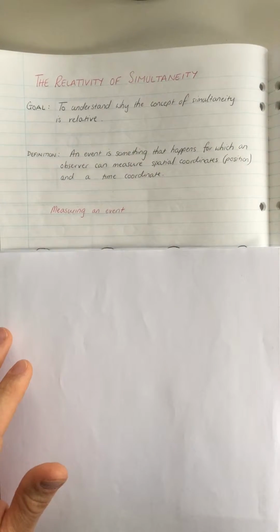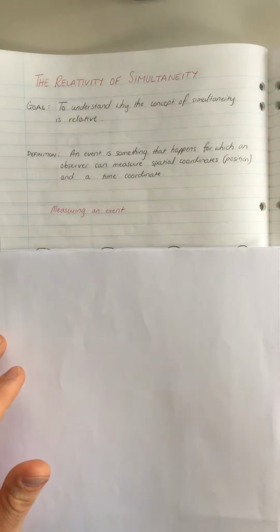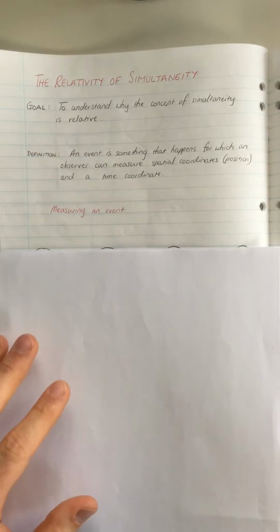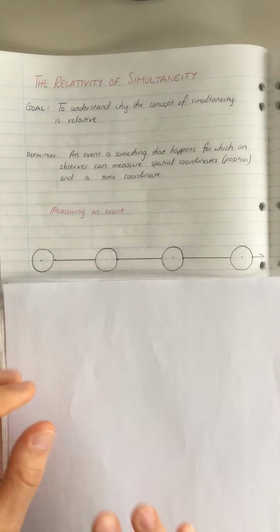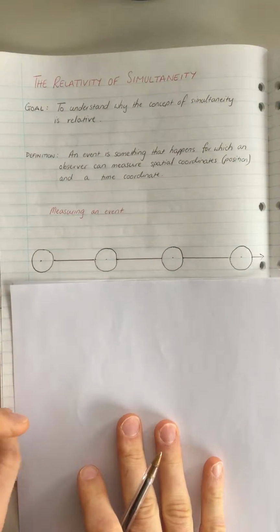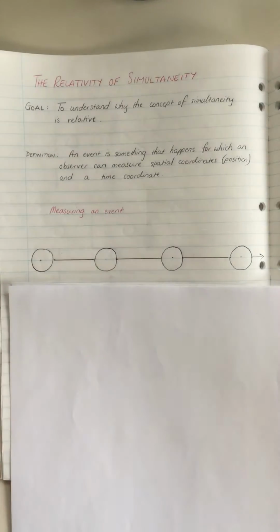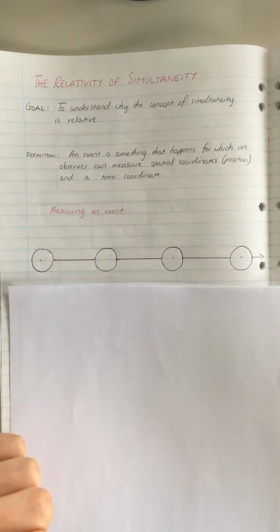If we are to measure an event, we need to be able to assign a time coordinate and a spatial coordinate. So imagine that in some frame of reference, and we've been talking about frames of reference in the last couple of episodes, we have a coordinate system, and along it you have a bunch of clocks.